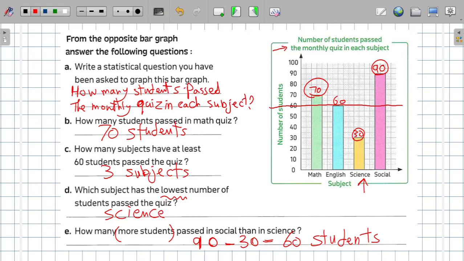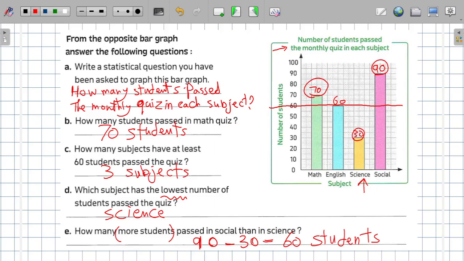Thus, we have finished our video today, in which we talked about the concept of statistical and non-statistical questions and how to determine the type of question. After that, we talked about the types of answers in statistical questions, whether they are numerical or categorical.